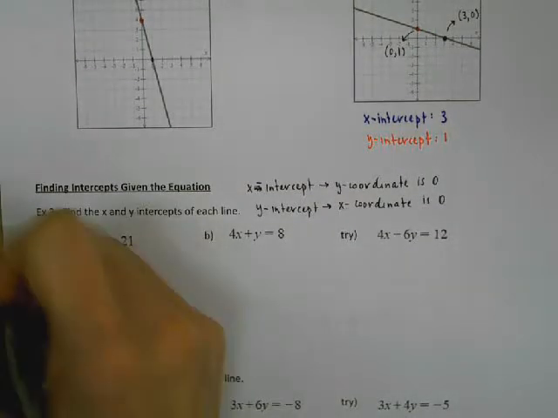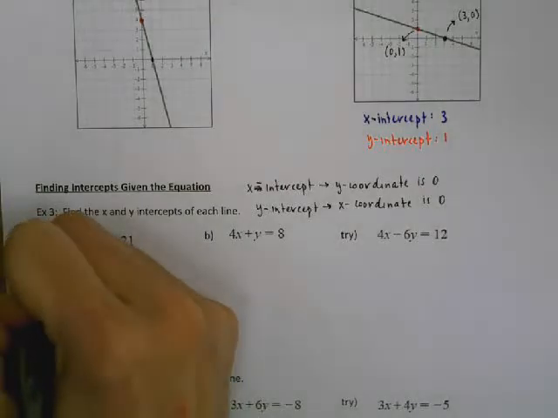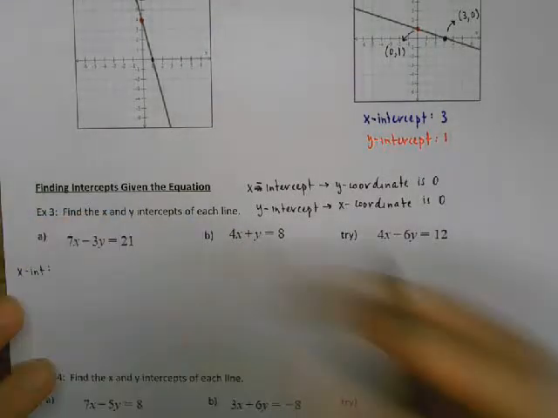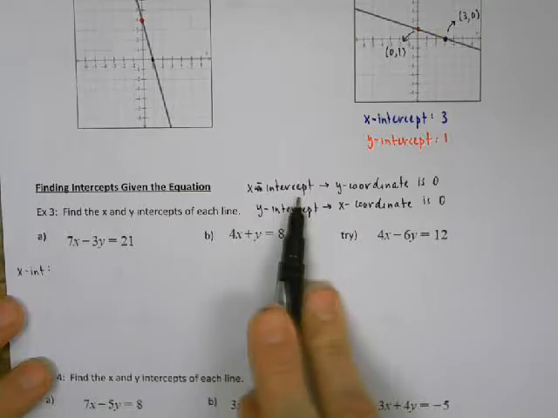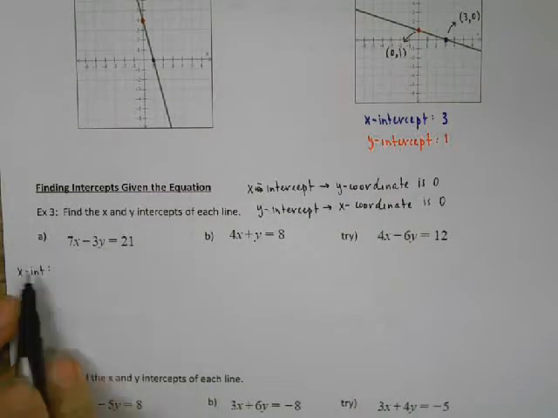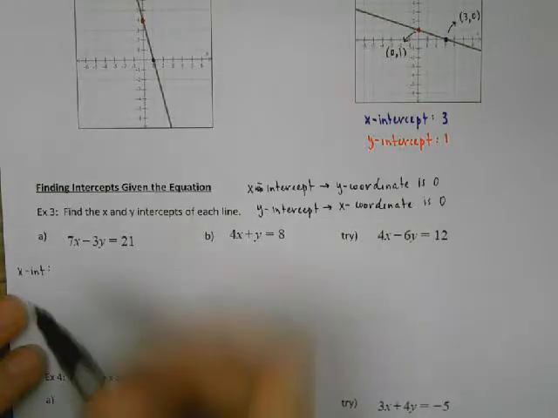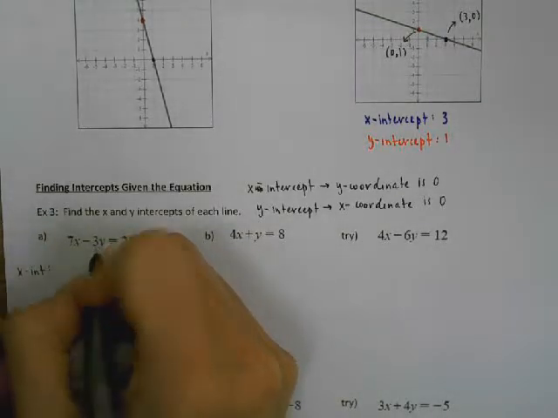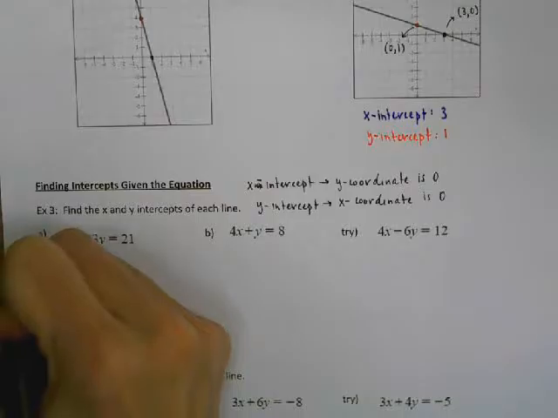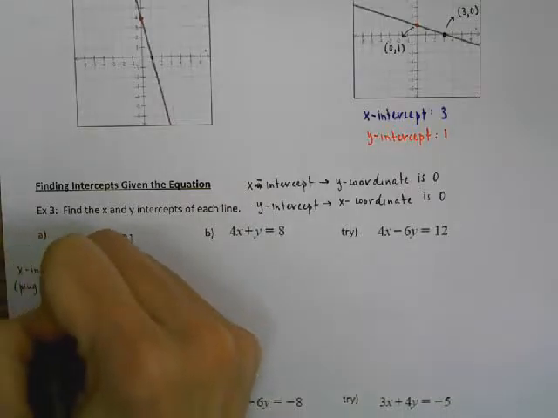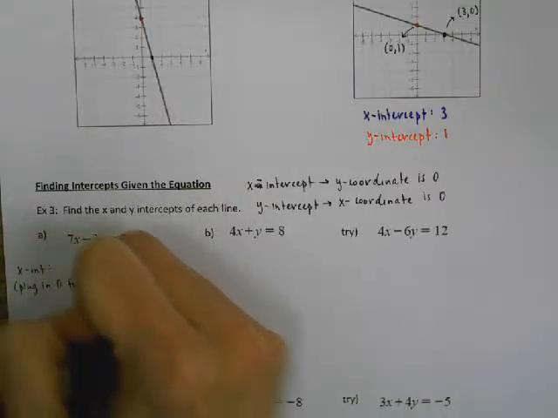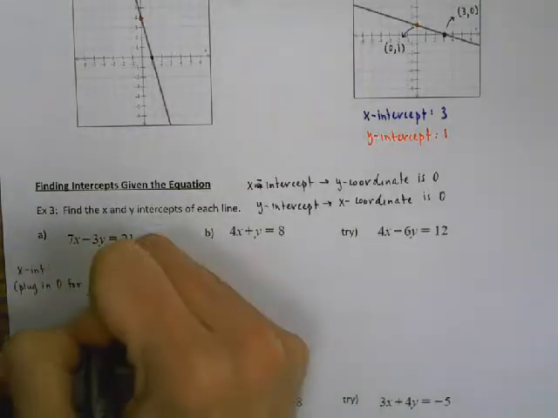So here's my equation. Let's say I want to find the x-intercept. We just said for the x-intercept, my y-coordinate is 0. So to find the x-intercept, I'm going to take my equation, but plug in 0 for y, and then solve for x.